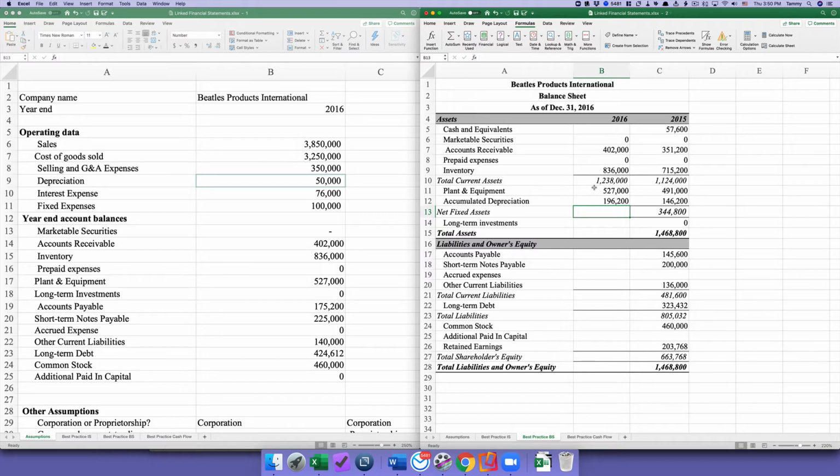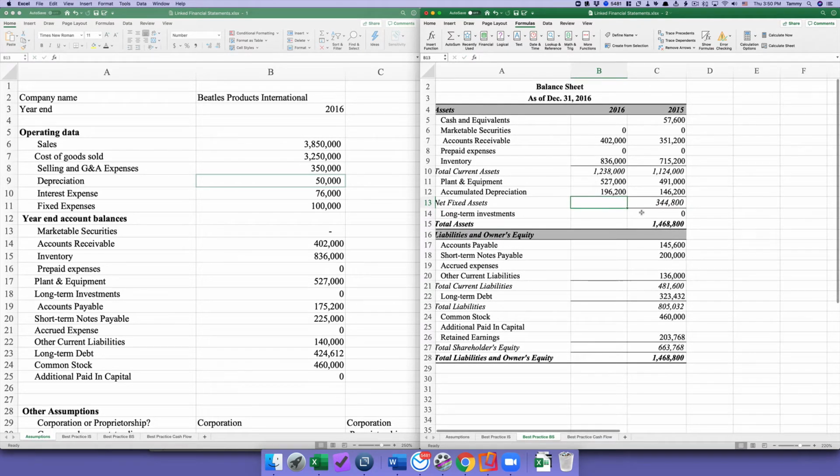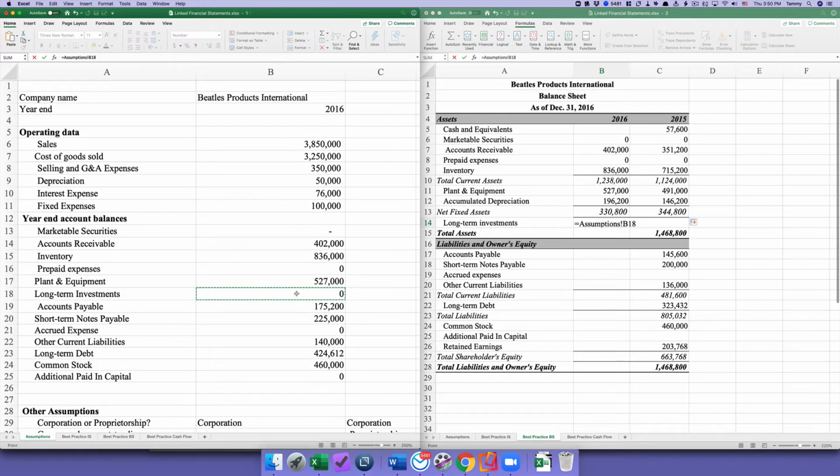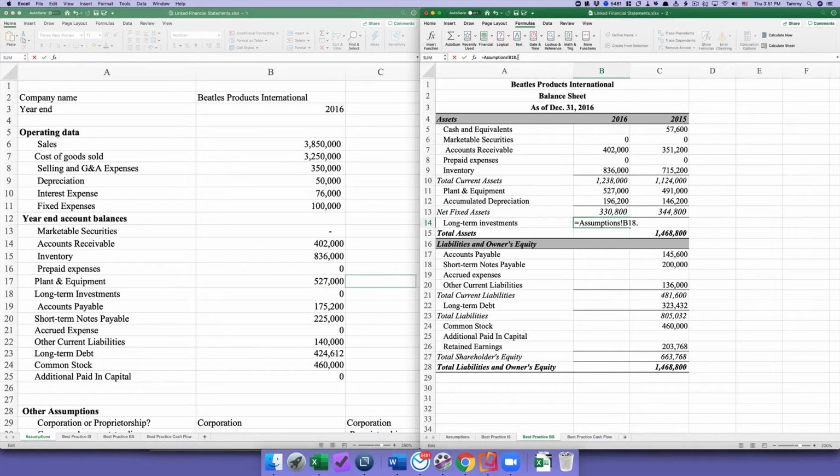And again, net fixed assets, we're just going to copy this formula over because we're lazy. And then the long-term investment balance is also going to be 0 because we're just trying to replicate what we had for the example first. Total assets, we're going to copy the formula over.